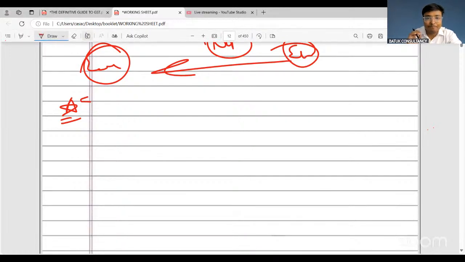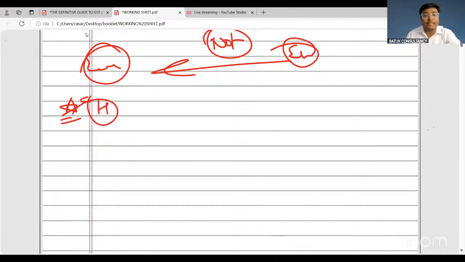Now, next point. High sea sales. Suppose one person is in Germany, another person is in Dubai, and the Germany person is going to transfer something to the Dubai person on the instruction of an Indian. I am going to buy one product from Germany, and I am saying to transfer this product to Dubai.